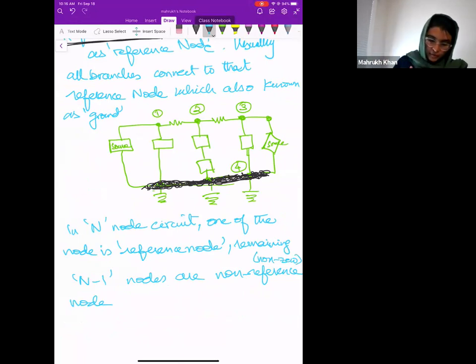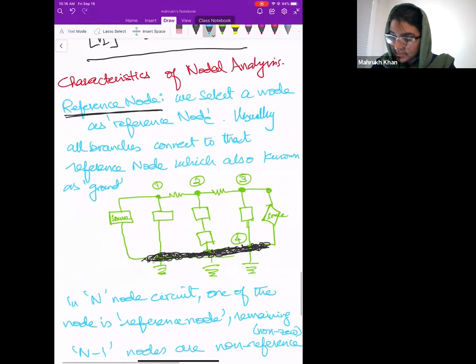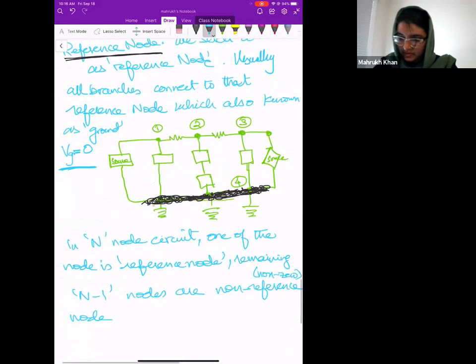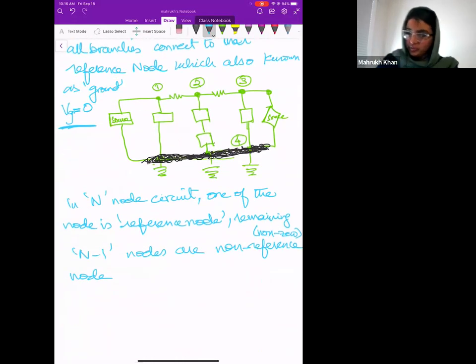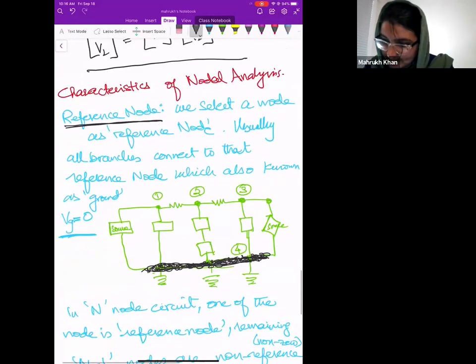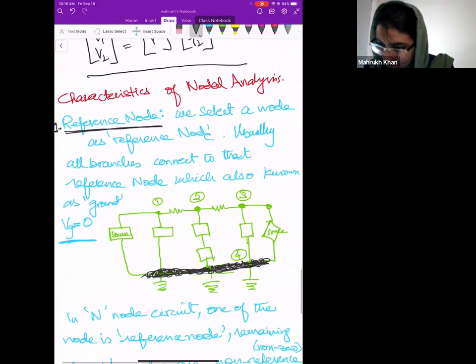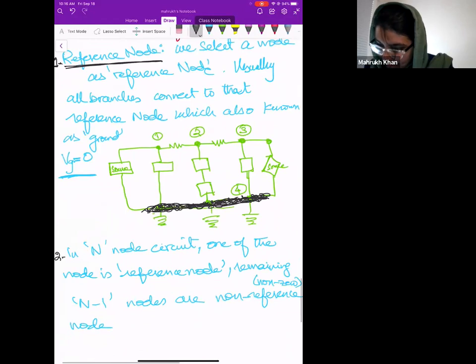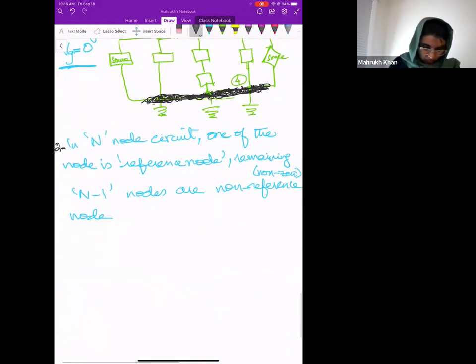Because in the reference node, you can say that your voltage is 0, right? So if this is VG, then VG is 0. That's why I am saying that they are non-zero nodes.